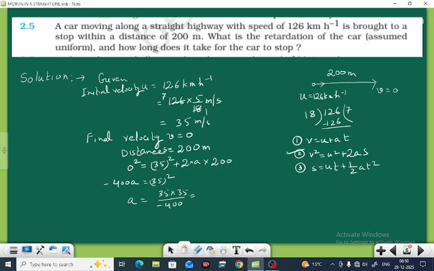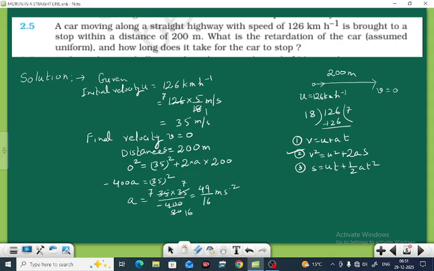If we cut it by 5, 5 7s are 35, 5 8s are 40. Again if we cut it by 5, 5 3s are 15, 5 6s are 30, and 5 7s are 35. And this is 49 by 16, and the unit is meter per second square, right? 49 by 16 meter per second square.